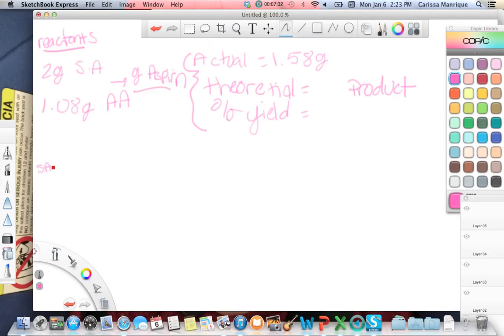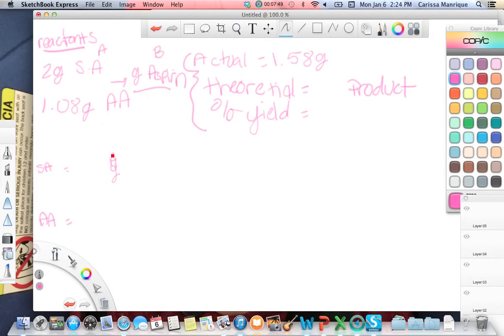So here's our salicylic acid, here's our acetic anhydride. Let's go ahead and set up our little shell. So we're going to have grams of A. These are going to be your A's. This is going to be your aspirin.